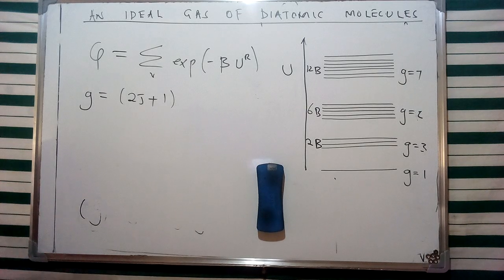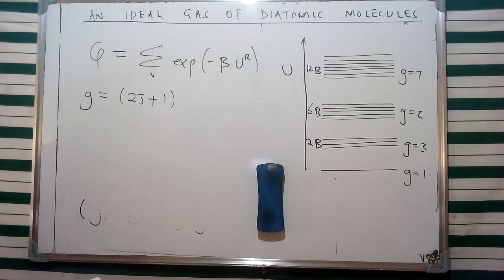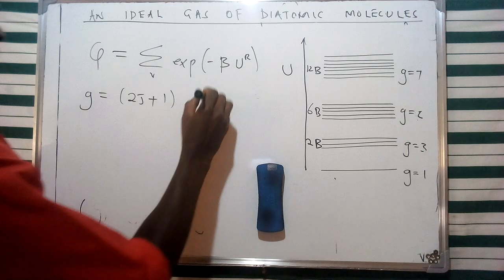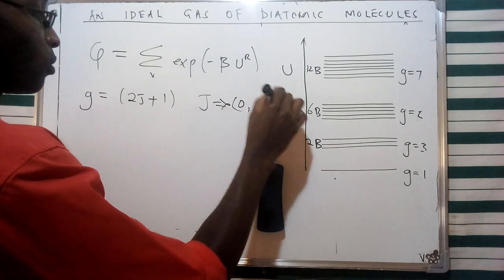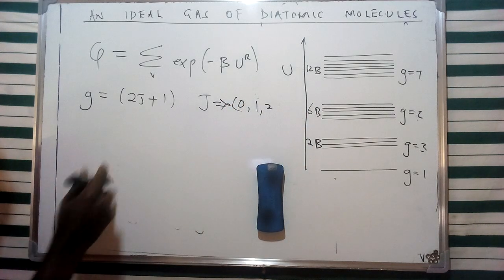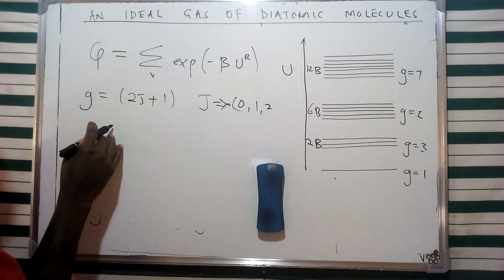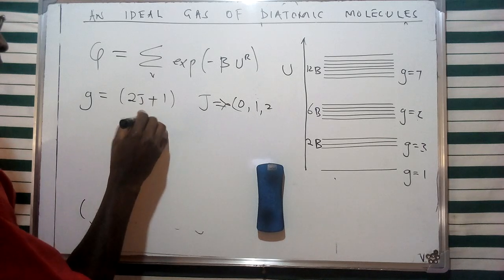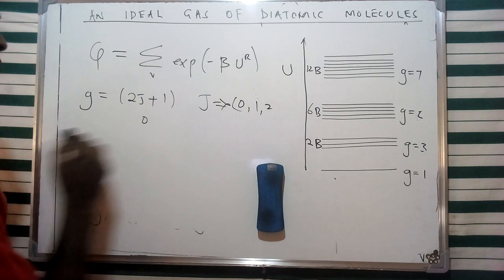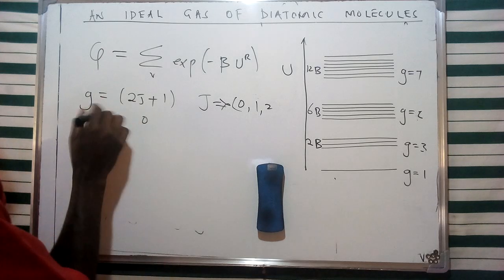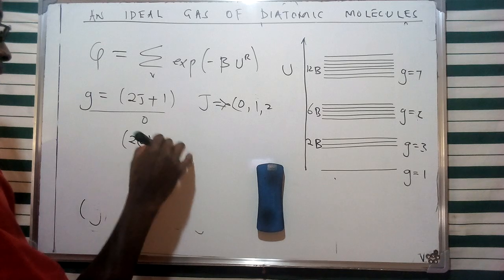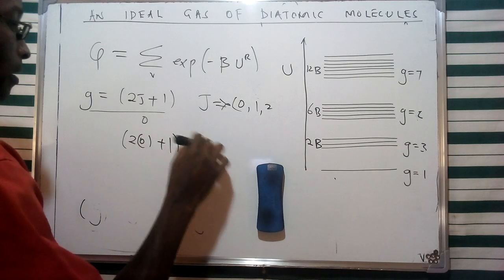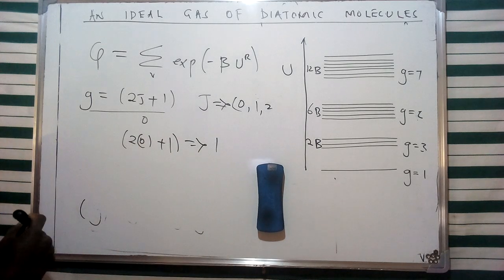And of course, if we do substitution, we're going to see that this increases in that order. For instance, I said that J is going to assume values of 0, 1, 2 onwards. If J is equivalent to 0, then we're going to have g given as 2 times 0 plus 1, which is going to imply 1 in that case.